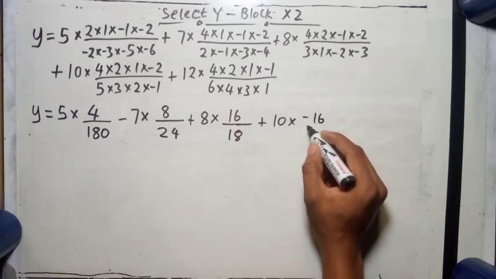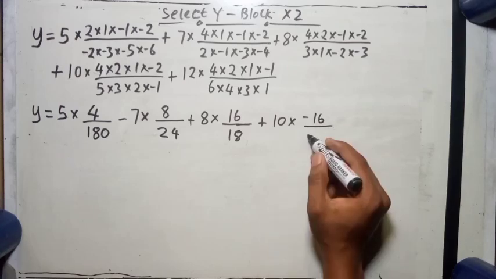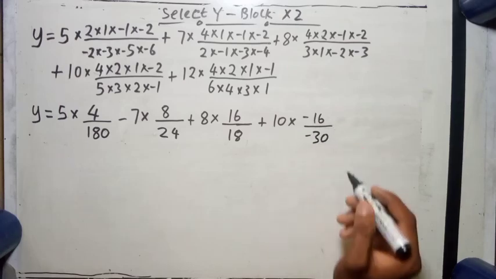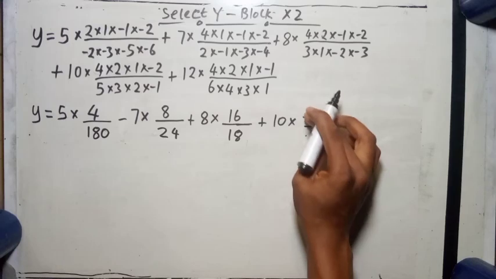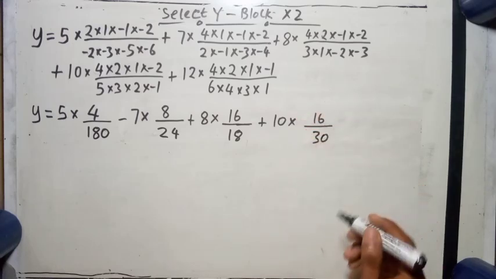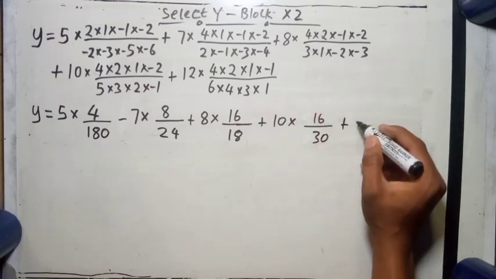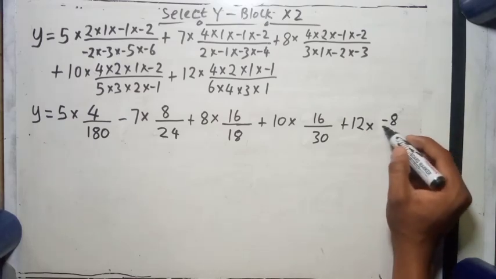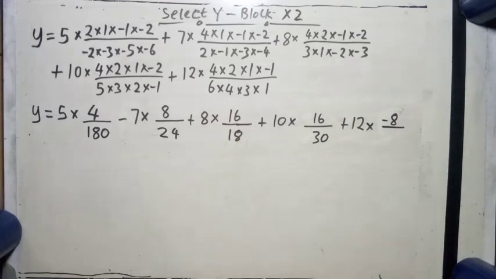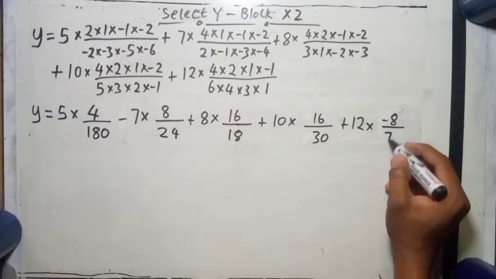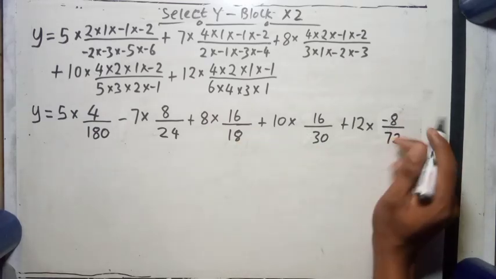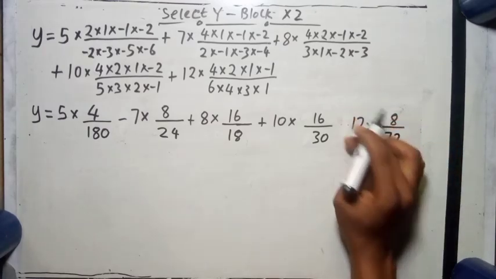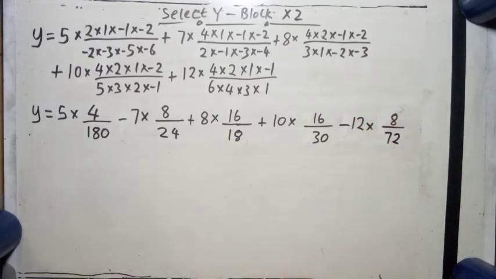That's minus 16 over minus 30. So this minus will cancel out this minus. We're left with this. For the next one, 12 times minus 8 over 72. So because of this minus, this will change to what? Minus.